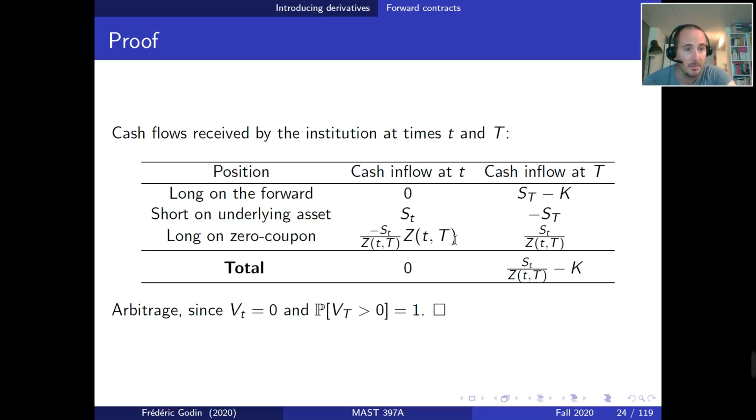So at time capital T, you receive $1 times the number of shares, S small t divided by Z small t capital T.